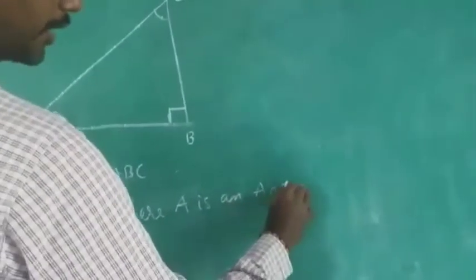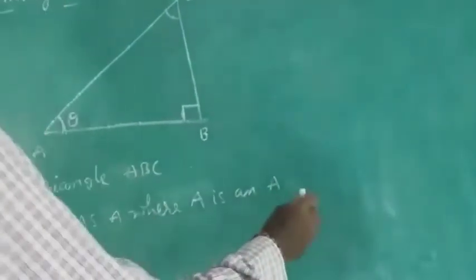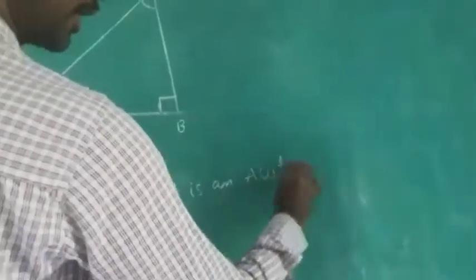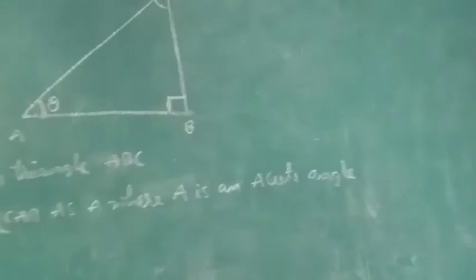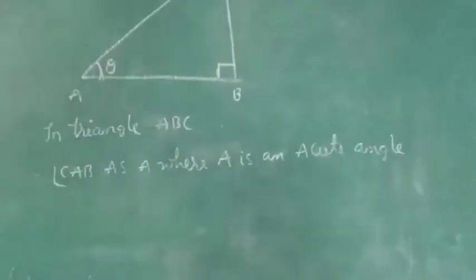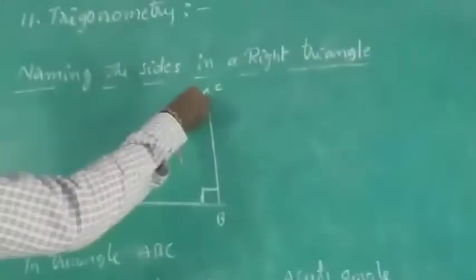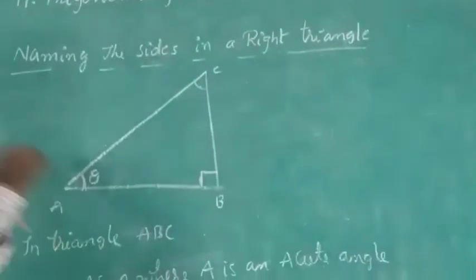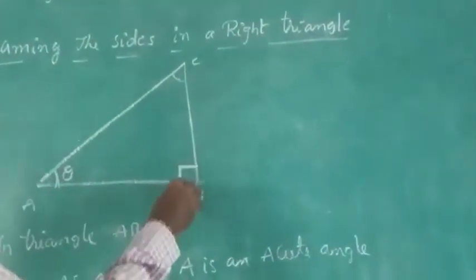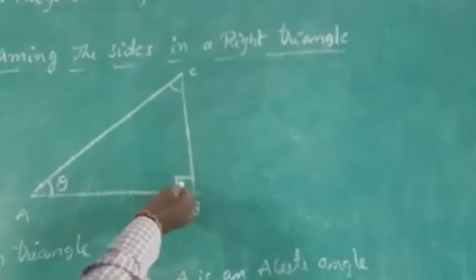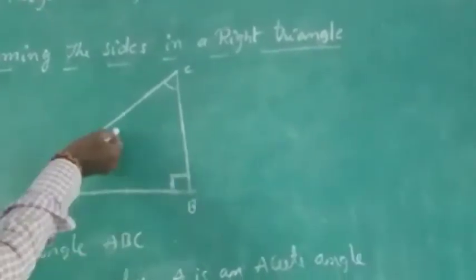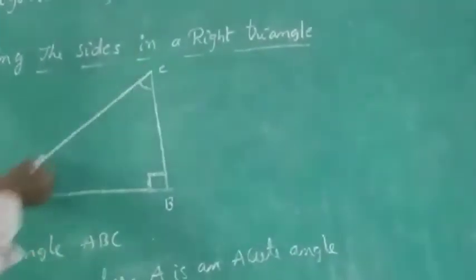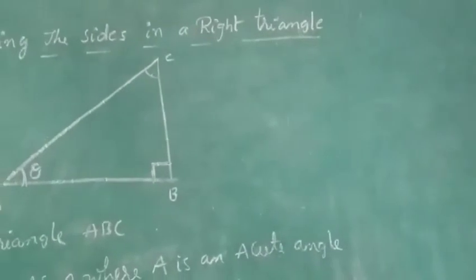Then, AC is the longest side, opposite to 90 degrees. This is the 90 degrees, right? The side opposite to 90 degrees is called the hypotenuse.